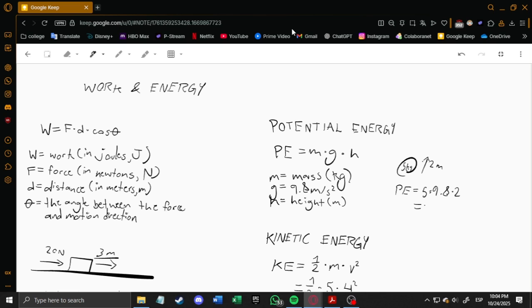Okay, so let's do an example. Let's solve one. A student applies a force of 50 newtons to push a box 4 meters forward.